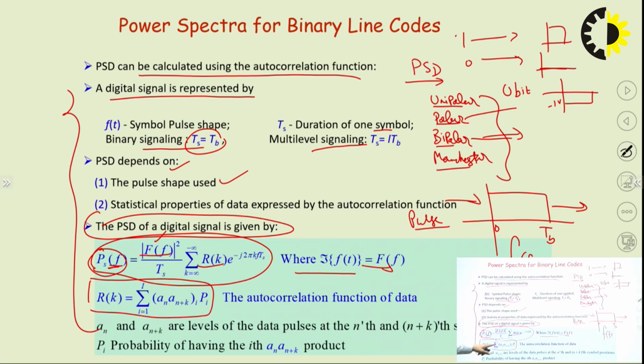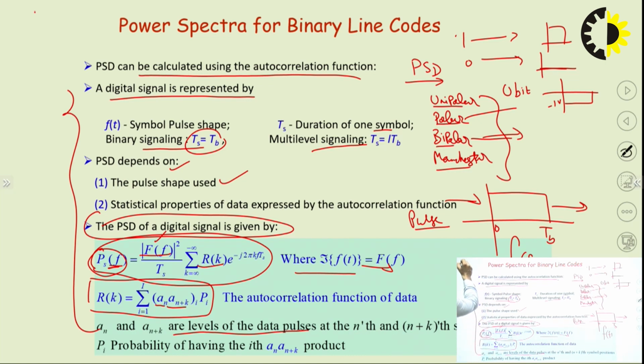R(k) is the summation of a_n a_(n+k) P_i, where i varies from 1 to I. Here we have taken one signal a_n, another is a_(n+k), and P_i is the probability of that event. a_n and a_(n+k) are the data levels of the pulses.